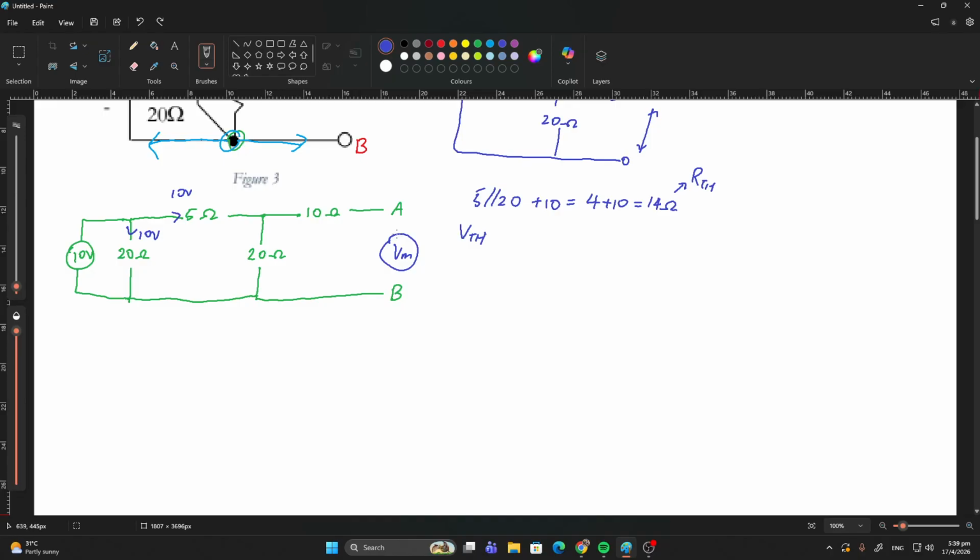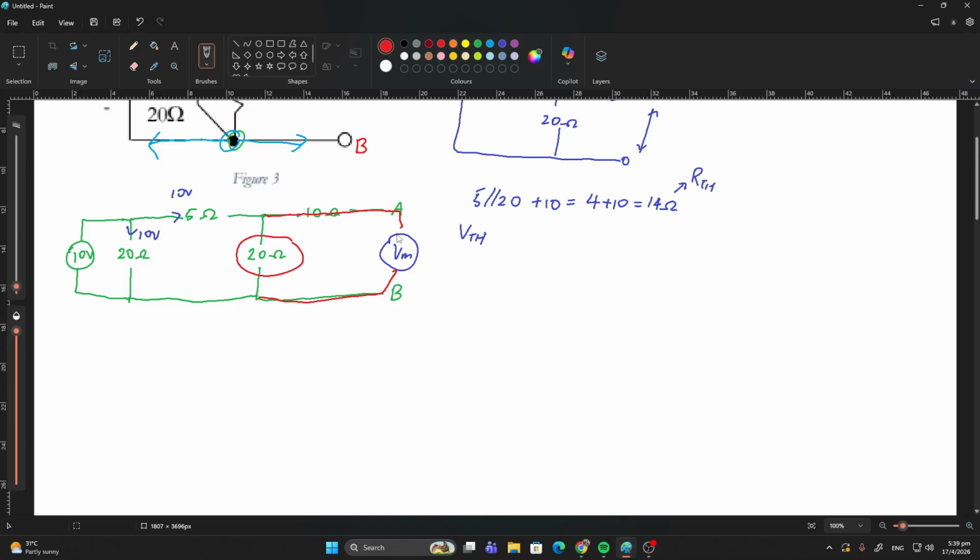Since my current cannot continue its path here, it will never even go into the 10 ohms. So essentially my current will just go into the 20 ohms and then go to the ground, like being back to the voltage source. So this whole thing is just like a wire connecting to my voltmeter, so I'm just getting the voltage of this guy.